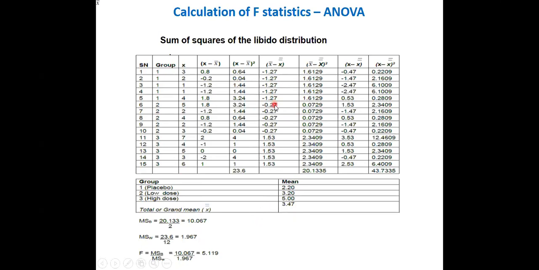The group mean for group 2, numbers 6 to 10, is 3.2. When you remove it from the grand mean, it gives you the same value for each member of the group. The last one, the group mean for group 3, is 5. You remove it from the grand mean, and it gives you this. Now, when you square, it gives you this.